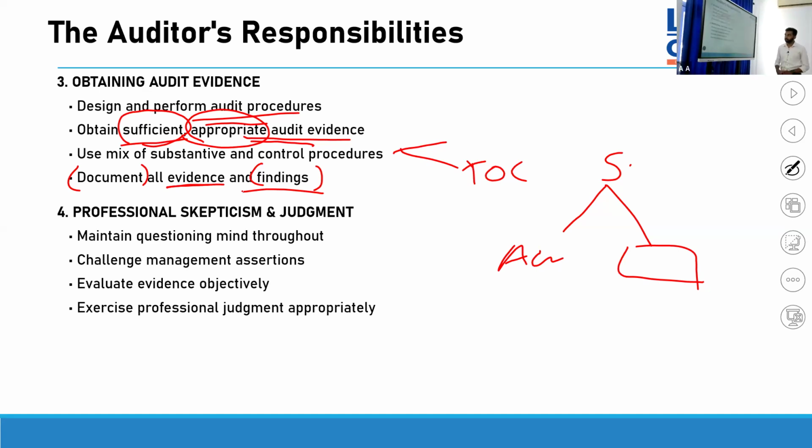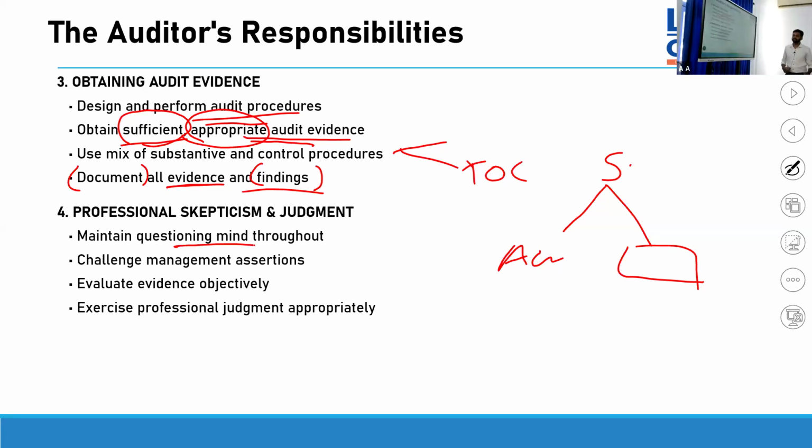Next one is applying professional skepticism and judgment. When we are auditing, we must always use our questioning mind, right? Make sure to use this professional skepticism in your professional life only, because otherwise it will lead to some problems, right? So when you're auditing, you must maintain the questioning mind throughout the audit.